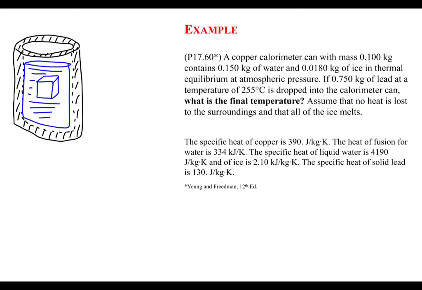Now we know the copper can has a certain mass, so I'll label that as m sub c for the mass of the copper. And so the mass of the copper is 0.100 kilograms.